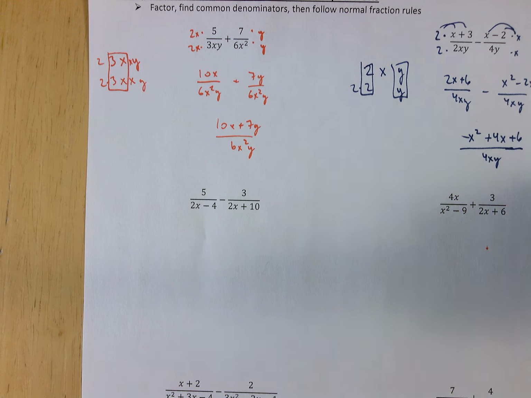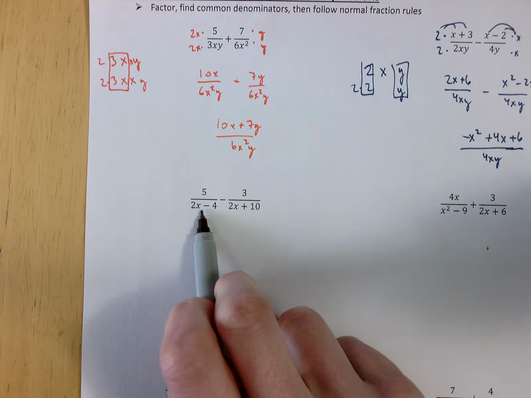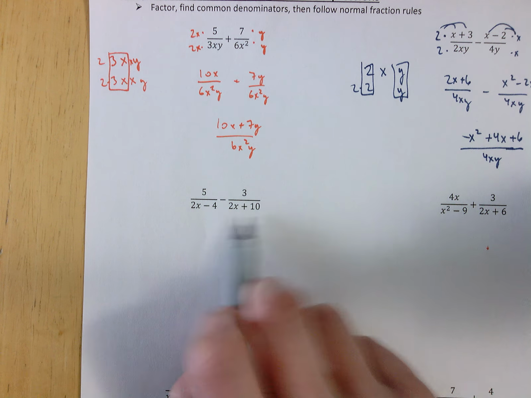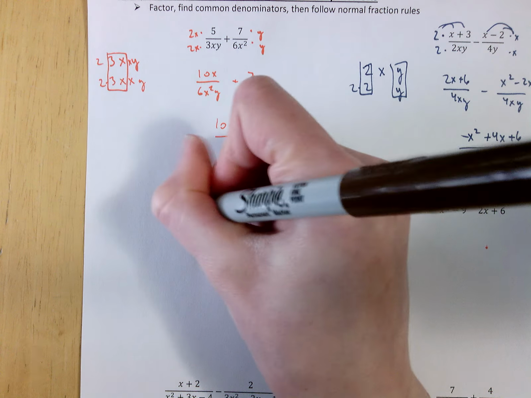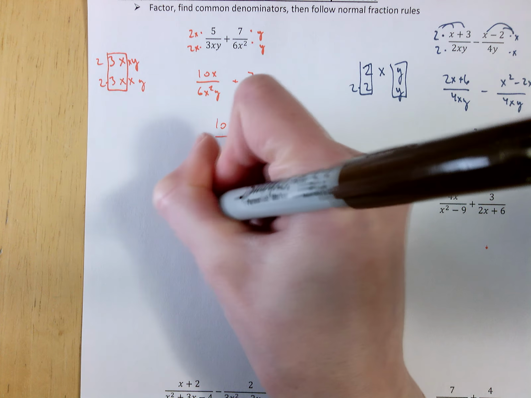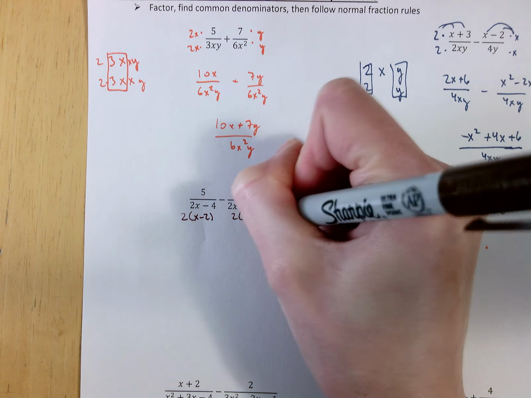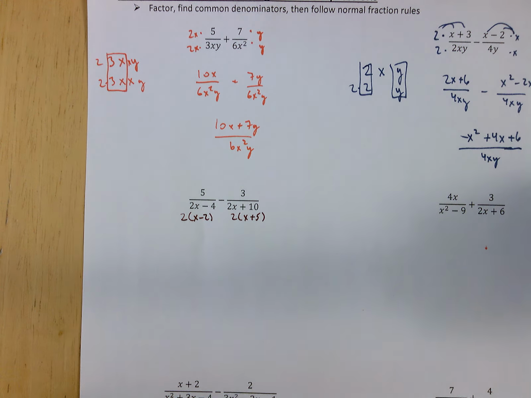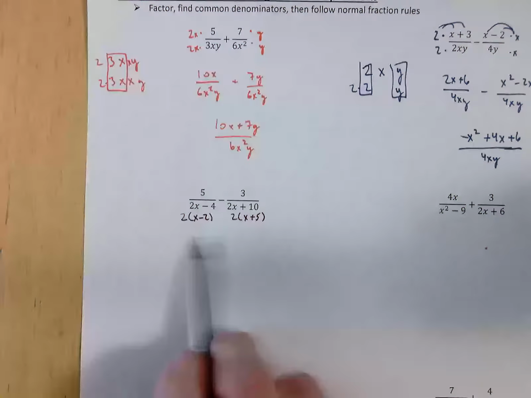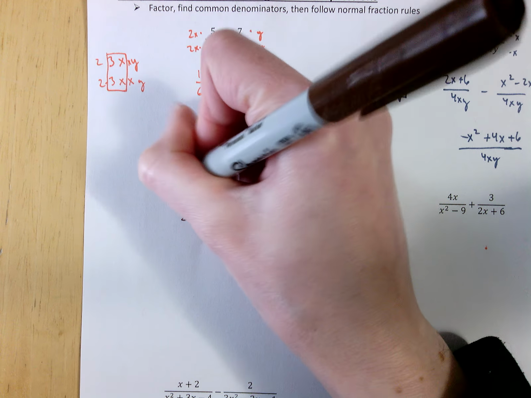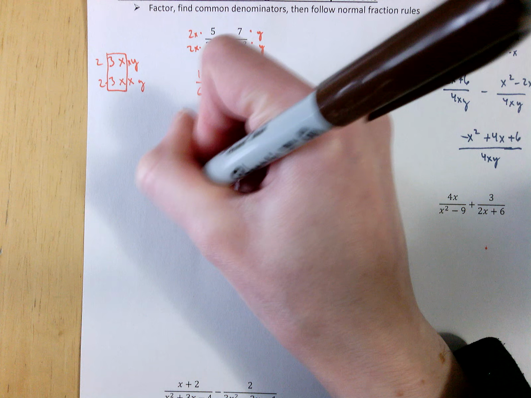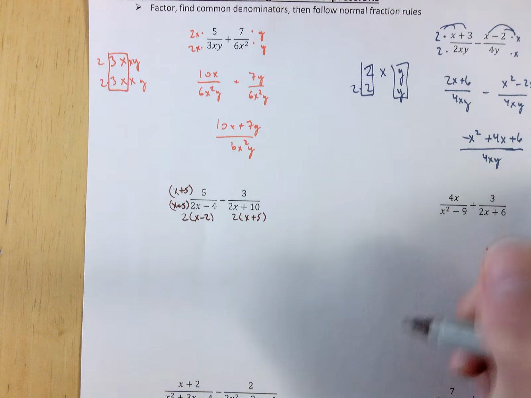All right, this guy. So now we're looking at things that have some terms here. So what I want to do is factor each of these separately. So this one factors to 2 times x minus 2, and this factors to 2 times x plus 5. Okay, so they have the 2 in common. So this guy is going to need to get multiplied by x plus 5 top and bottom.